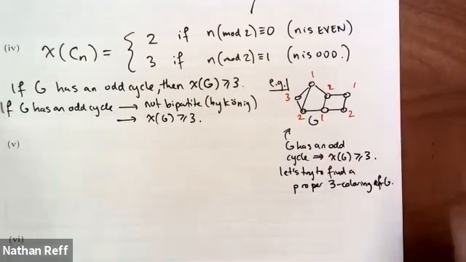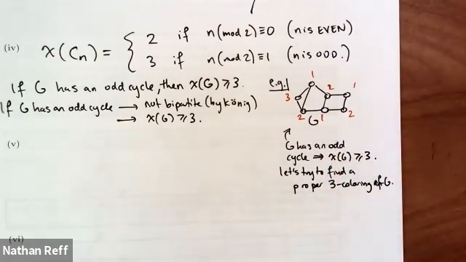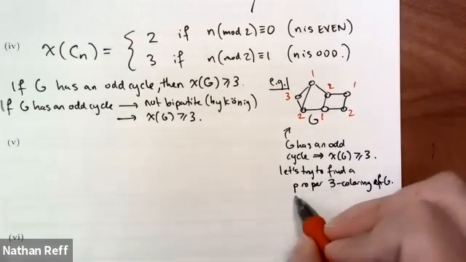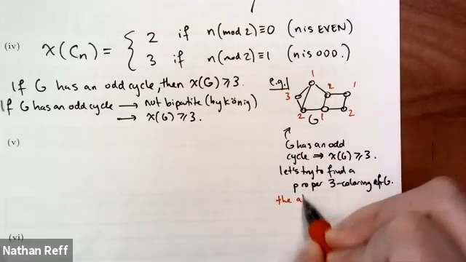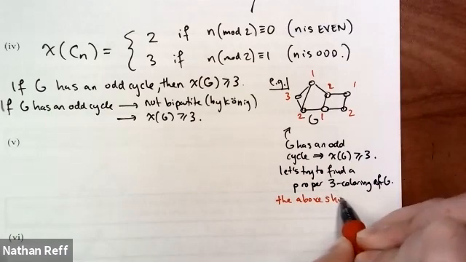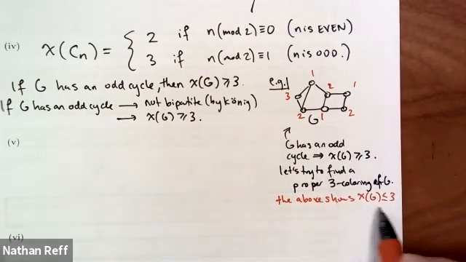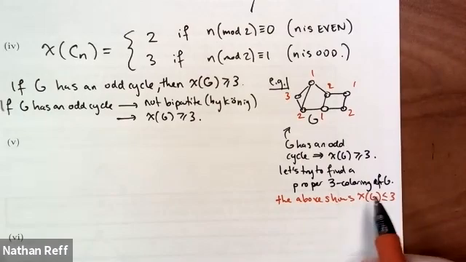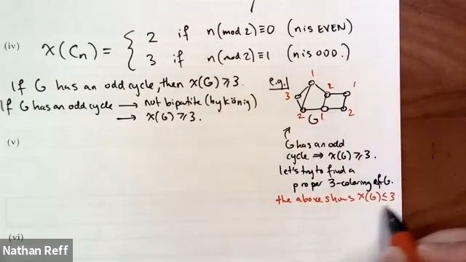So do you agree that I have found a proper 3 coloring? If you wanted to be very technical here, producing the coloring shows you an upper bound. You see that? So the above shows the chromatic number is less than or equal to 3, right? So if you produce a proper K coloring, then that'll give you an upper bound.